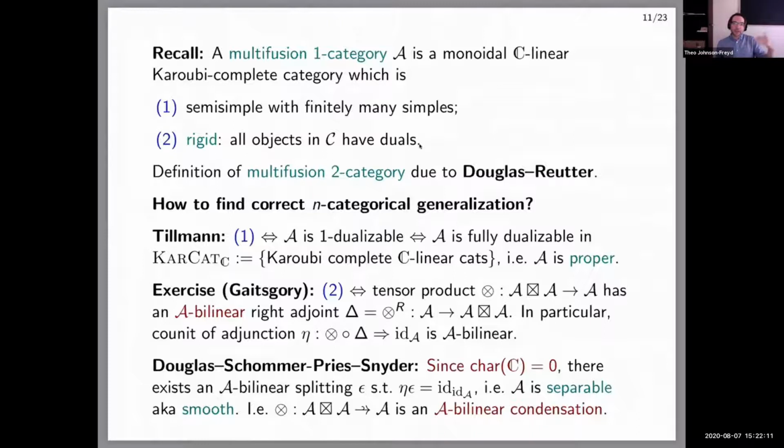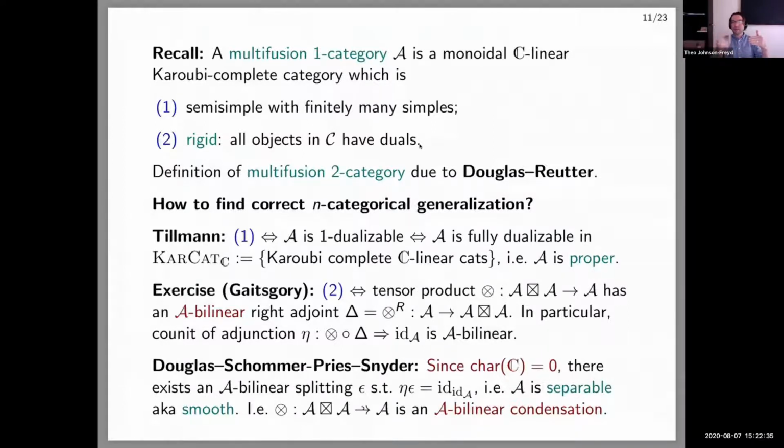Saying that every object has a dual, well, I want to go through the argument a little bit. I have the multiplication map, the tensor structure from A times A to A. One of the ways to say that a multiplication map is associative is to say that the map multiplication from A times A to A is actually a map of bimodules.